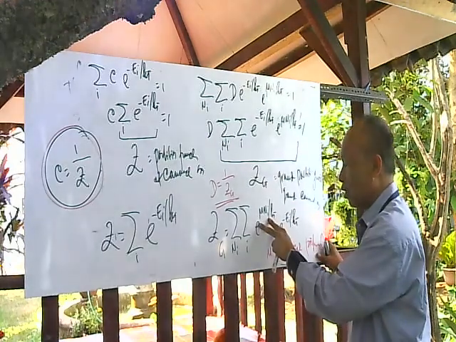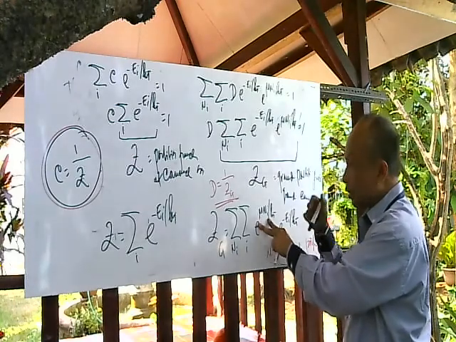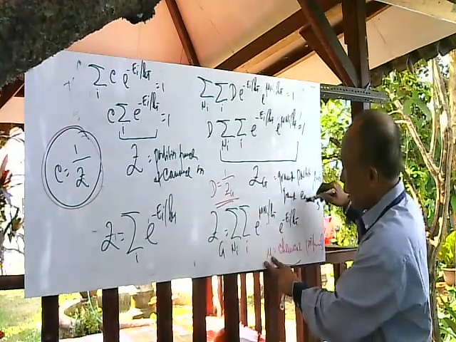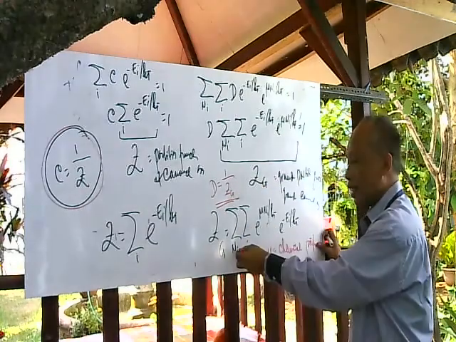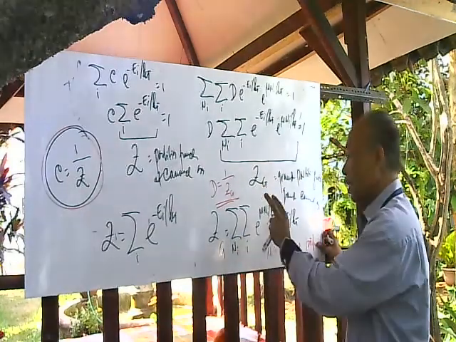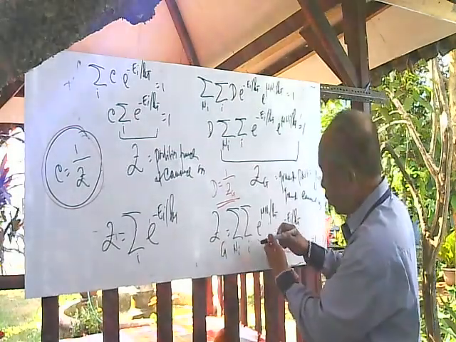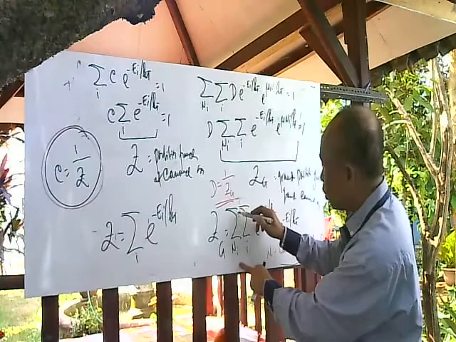In the general grand canonical assembly, we have different N, different numbers of particles. But if we only have one N, the number of particles is constant, so we will only have this summation.